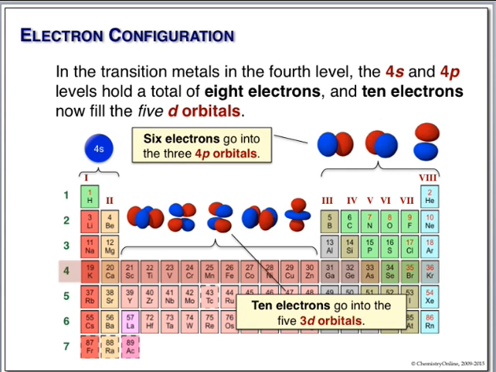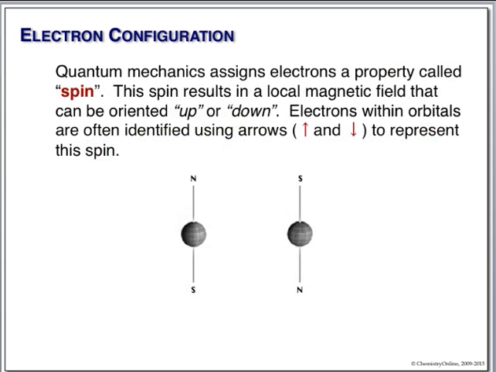As we put these electrons in, remember every orbital can accommodate only 2. And we put these in with opposite spin. You recall that when we spin an electron, we generate a small magnetic field. Now this is actually not a real spinning thing.